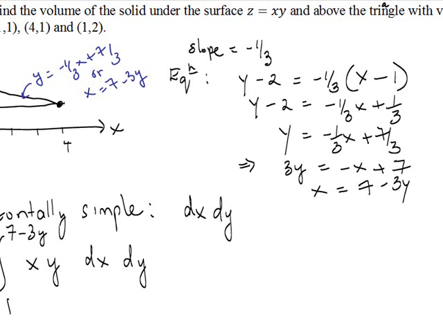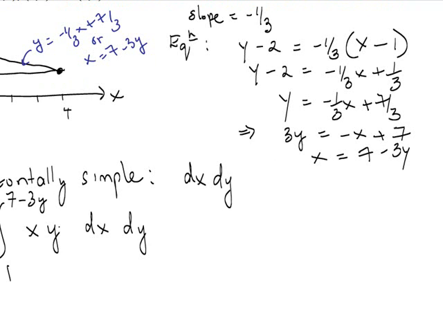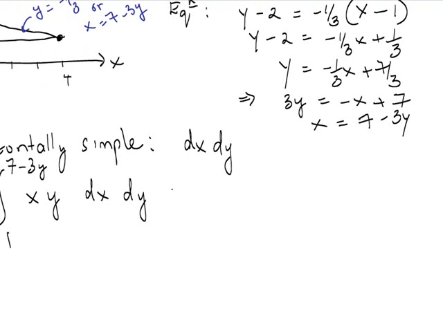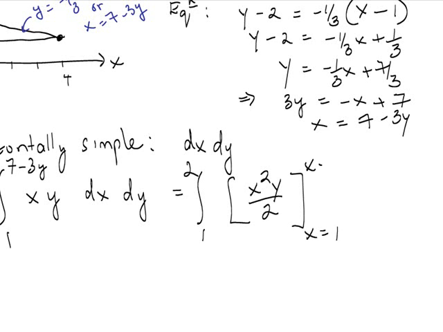Okay, let's work this out. So this is equal to, leave the 1 to 2. We are integrating xy with respect to x. So that's x squared y over 2 from x equals 1 to x equals 7 minus 3y dy.